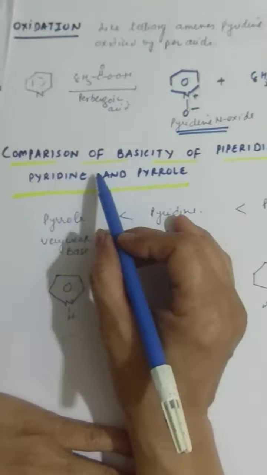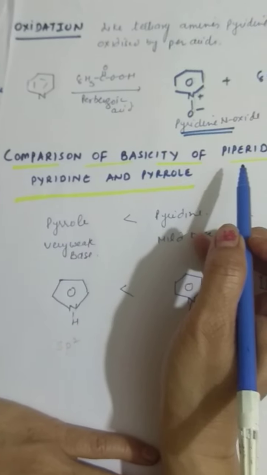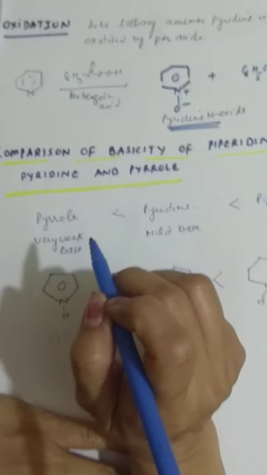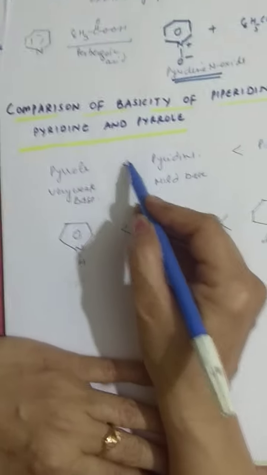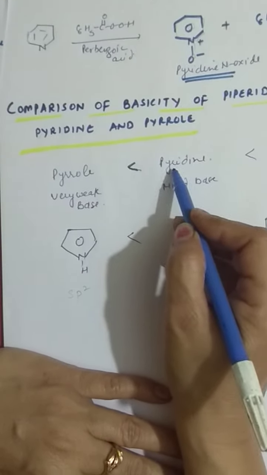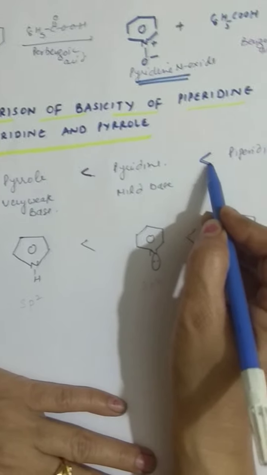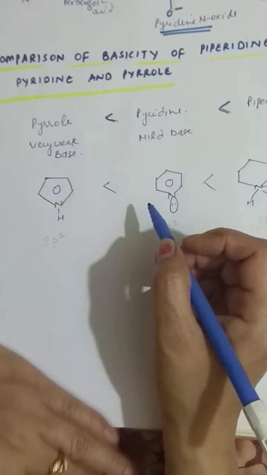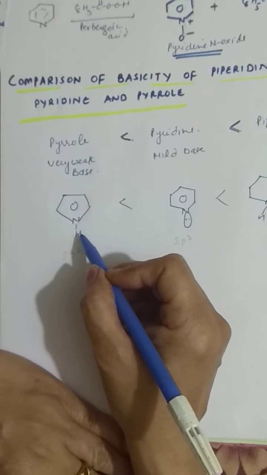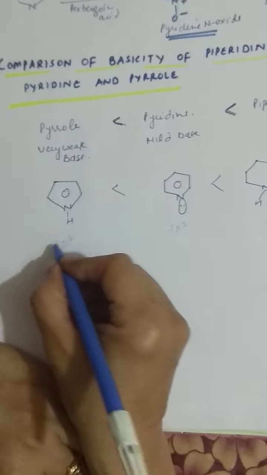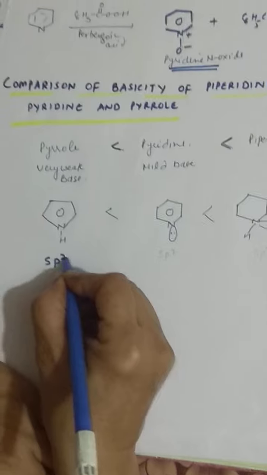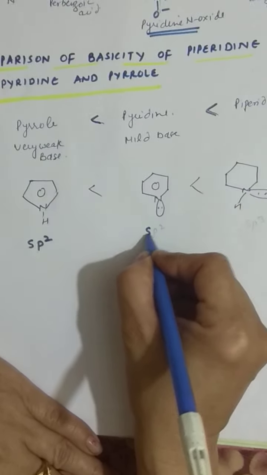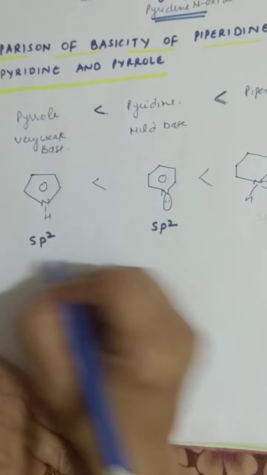So let's compare the basicity of piperidine, pyridine and pyrrole. Pyrrole is less basic than pyridine. Pyridine is less basic than piperidine. In the case of pyrrole, the nitrogen is sp2 hybridized. In the case of pyridine, it is again sp2 hybridized.